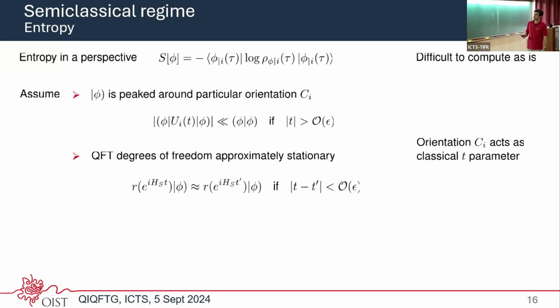Namely, we assume that our physical state is peaked around some particular orientation of our clock, and we also assume that the QFT degrees of freedom of our physical state are approximately stationary. So they approximately don't evolve in this time window, and it's the same as if our quantum clock actually acts like a classical clock for the remaining degrees of freedom.